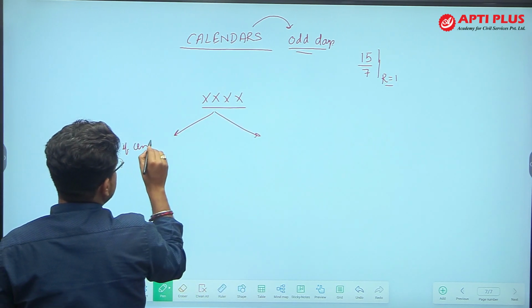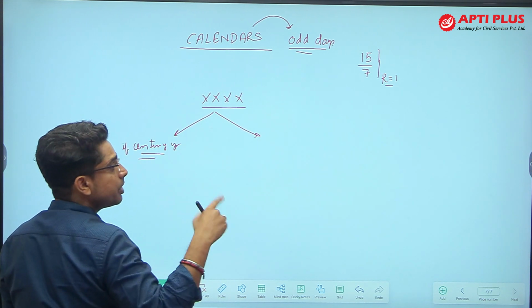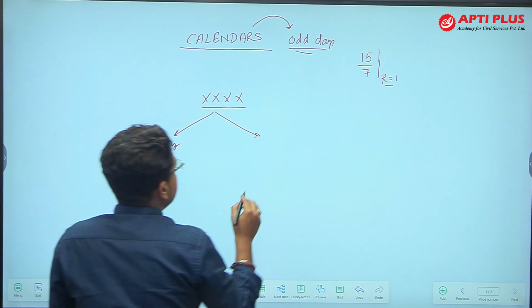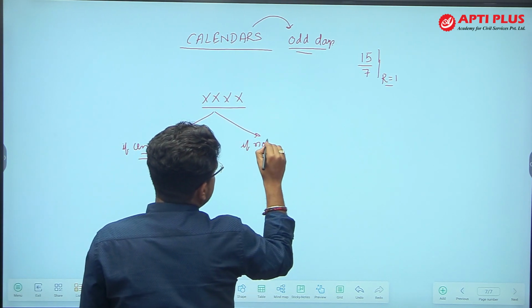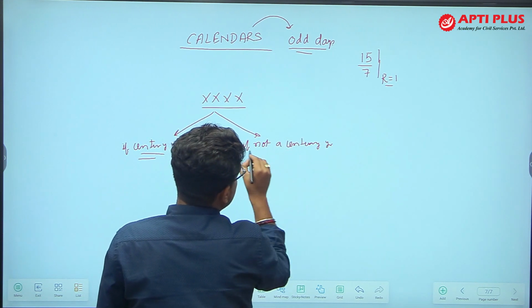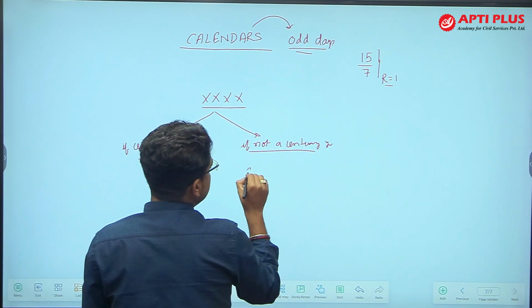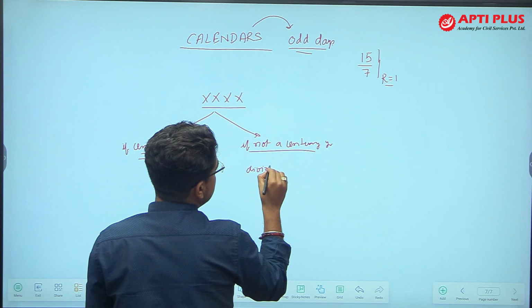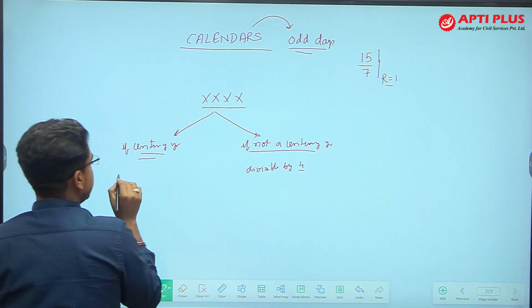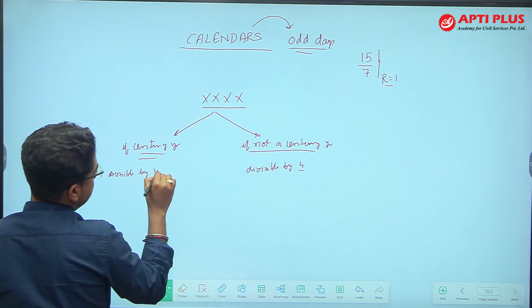Century year means divisible by 100 or multiples of 100, like 1900, 2000, 2400, 2100. If it is not a century year, then we have to check whether it is divisible by 4. But if it is a century year, you have to check if it is divisible by 400.